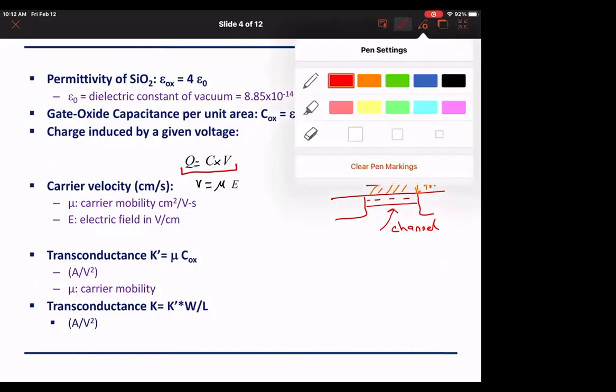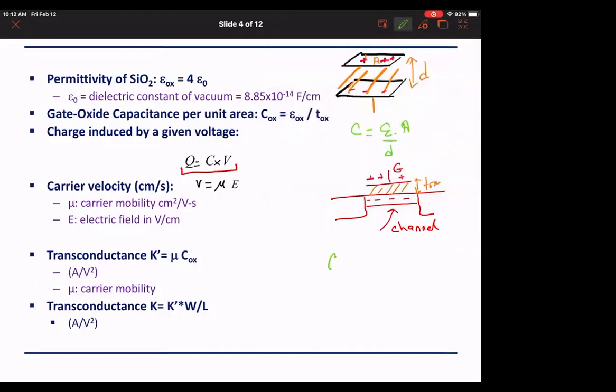So we are going to define a term which is called Cox, which is the capacitance per unit area. I don't know the area, but I'm going to define it in terms of the parameter epsilon ox over Tox. The capacitor has a thickness Tox, and the property of the material is epsilon ox here.